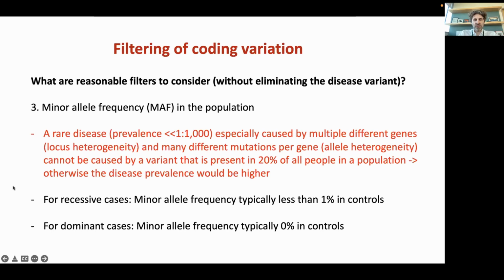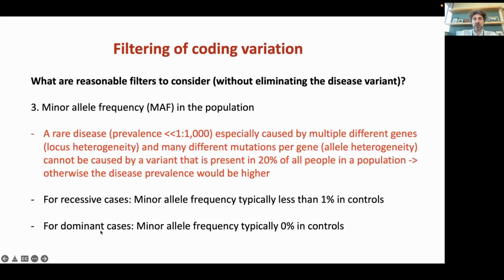And here are some examples for how rare they should be. In recessive cases, we would typically look for variants that are in about 1% of controls, okay, but not more necessarily. And for dominant cases, in the typical case, we don't want to see them in controls at all.